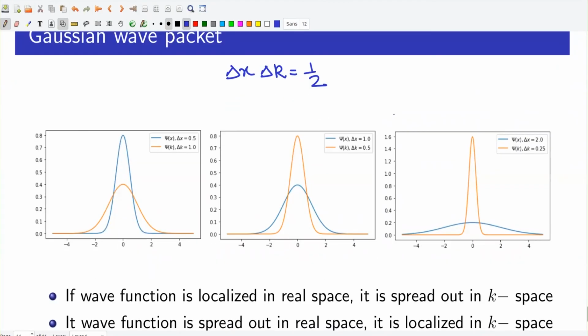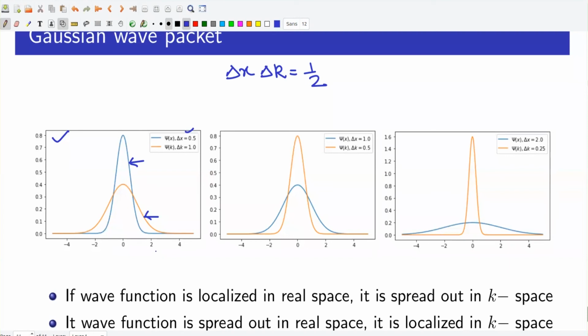Comparing the plots, we can conclude that when delta x is small, the wave packet is localized in the real space but spread out in the k space. For example, look at this figure. The value of delta x is equal to 0.5. So the wave function is relatively localized in the real space and it is spread out in the k space.